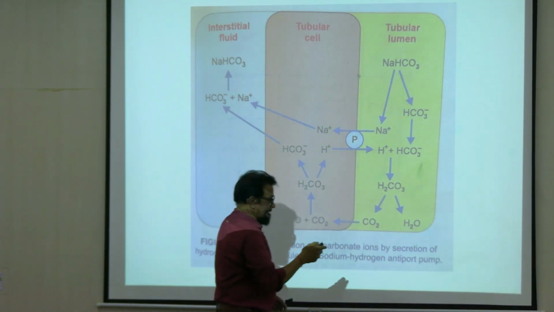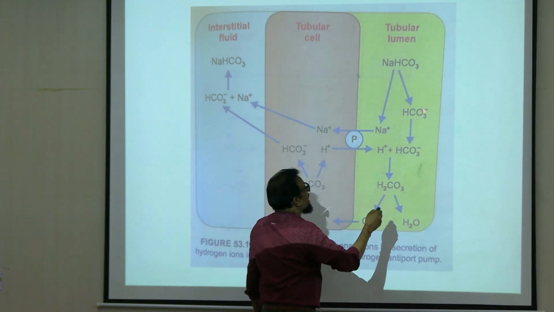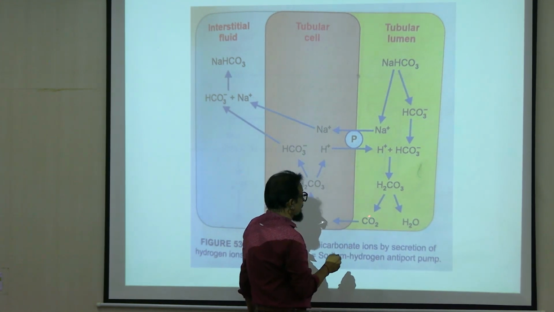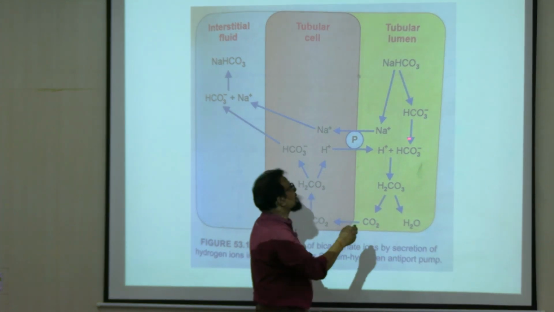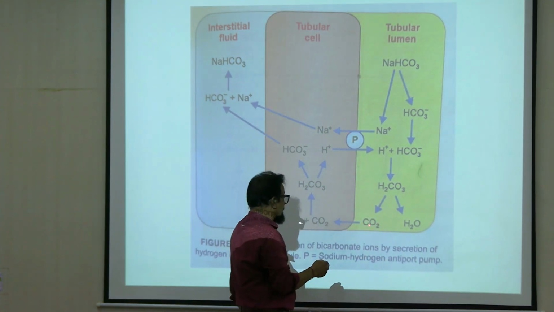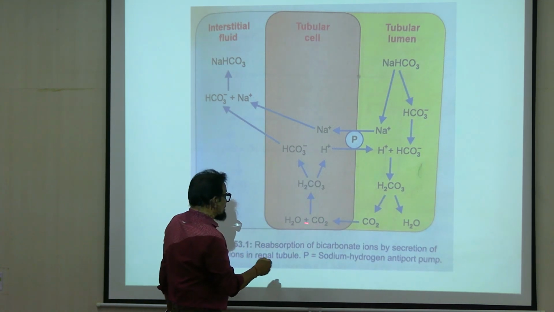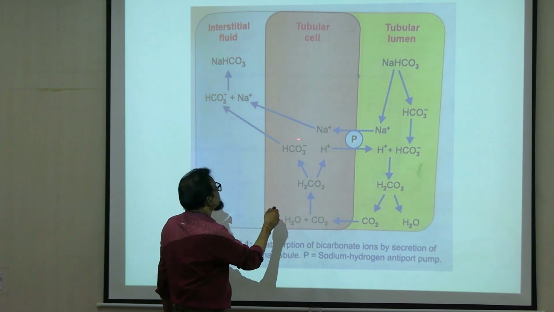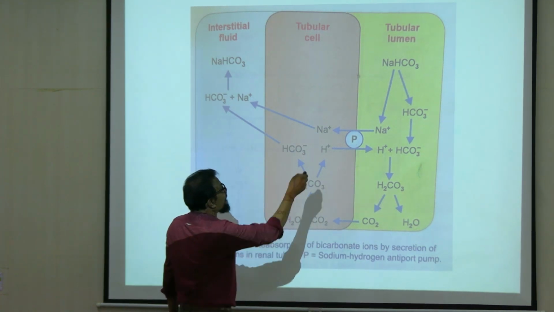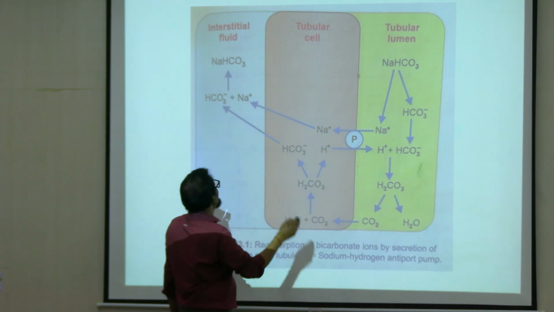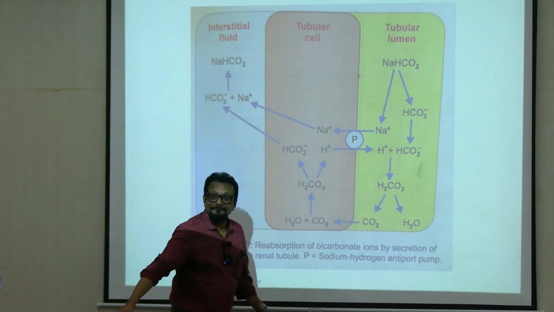Now see, this bicarbonate ion is converted into carbon dioxide, and this carbon dioxide is again forming carbonic acid and bicarbonate ion. So ultimately this bicarbonate ion that was present in the lumen is coming into blood.